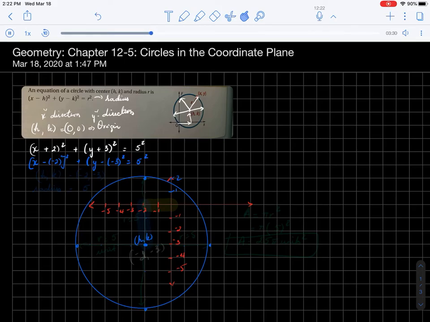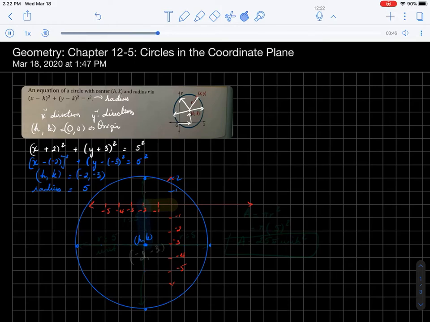Okay, so my H and my K in this case are negative 2, negative 3, and my radius in this case is 5.